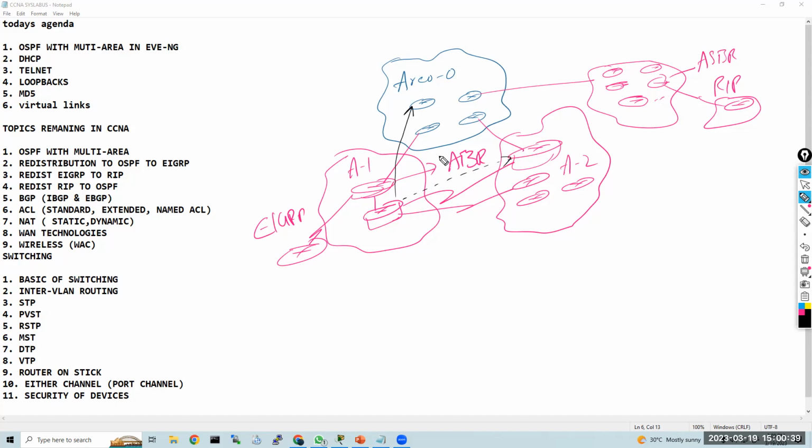Remember, as I told you, this is a backbone area. Only area 0 will broadcast to all your areas. Got it? This way it will not consume more bandwidth, and you know bandwidth is very expensive. Because otherwise each one is connected directly to each other.